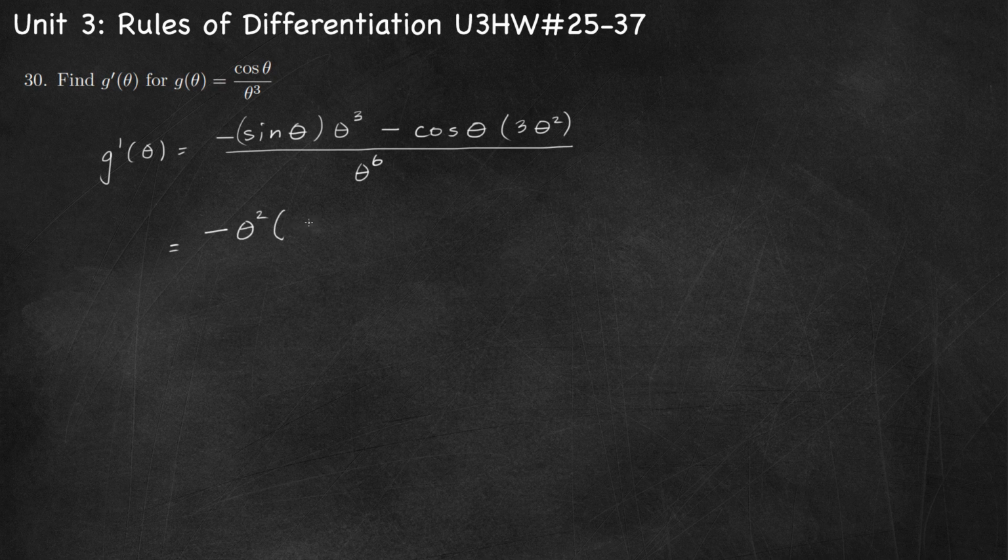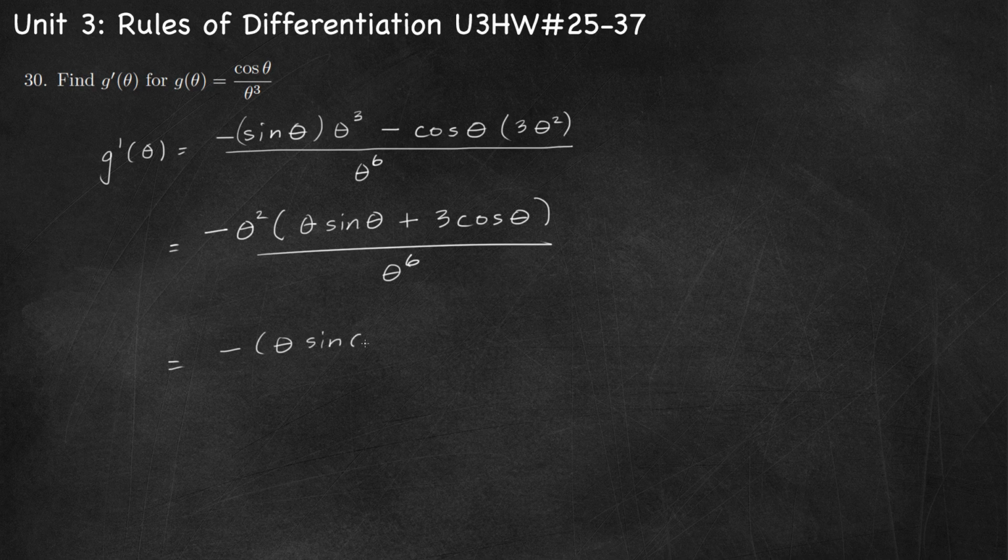So that's going to leave theta sine theta plus 3 cosine theta over theta to the power 6. And then theta squared over theta to the power 6, we can simplify that. So we get negative theta sine theta plus 3 cosine theta over theta to the power 4.